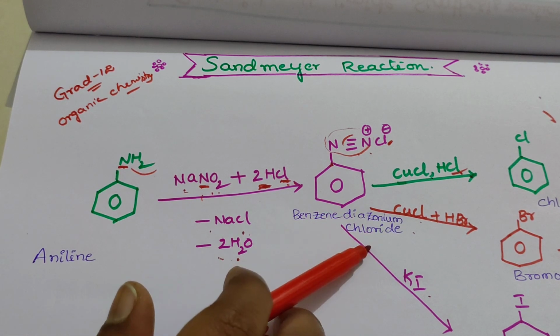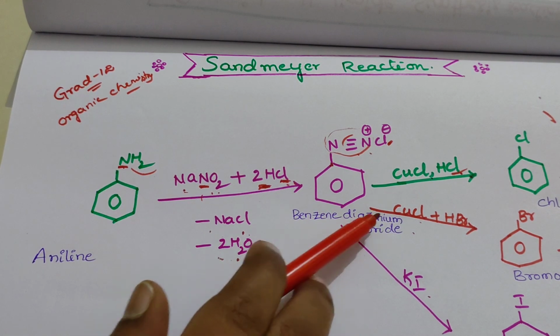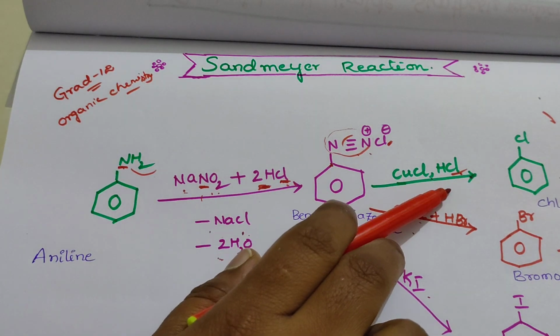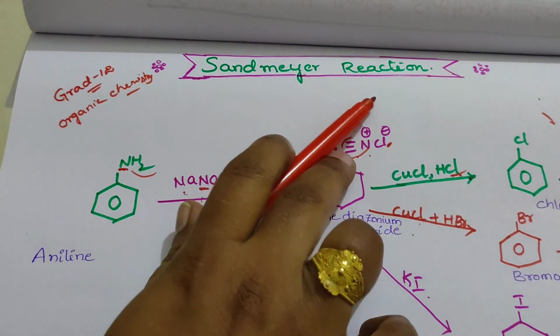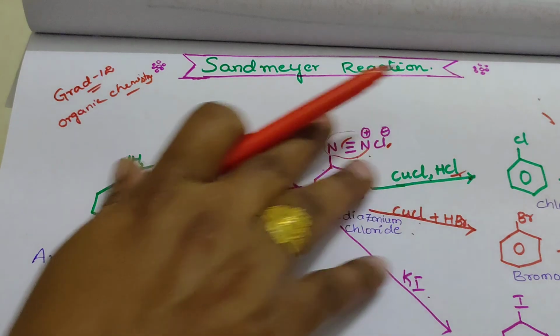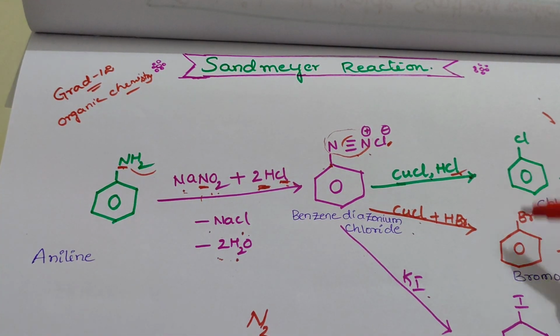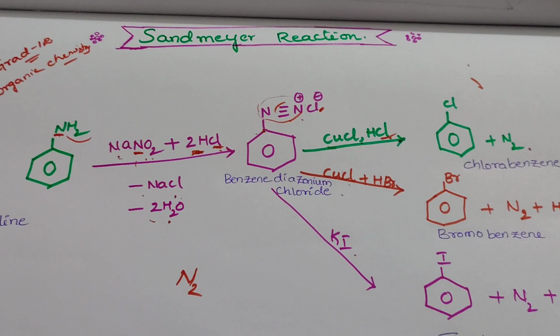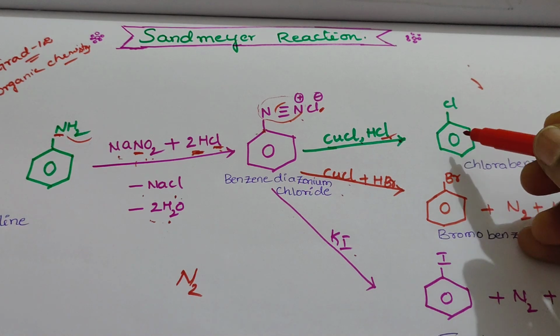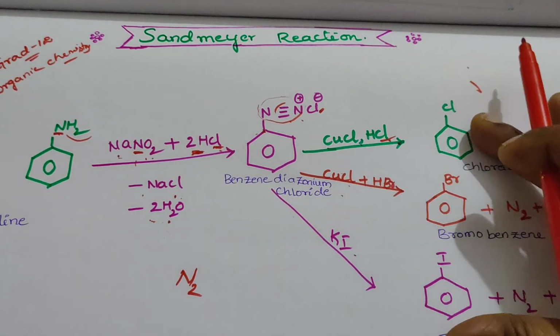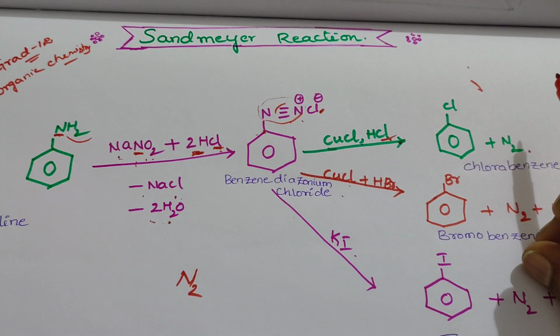This benzene diazonium chloride reacts with CuCl and HCl. Mainly, the Sandmeyer reaction is important to prepare haloarenes.